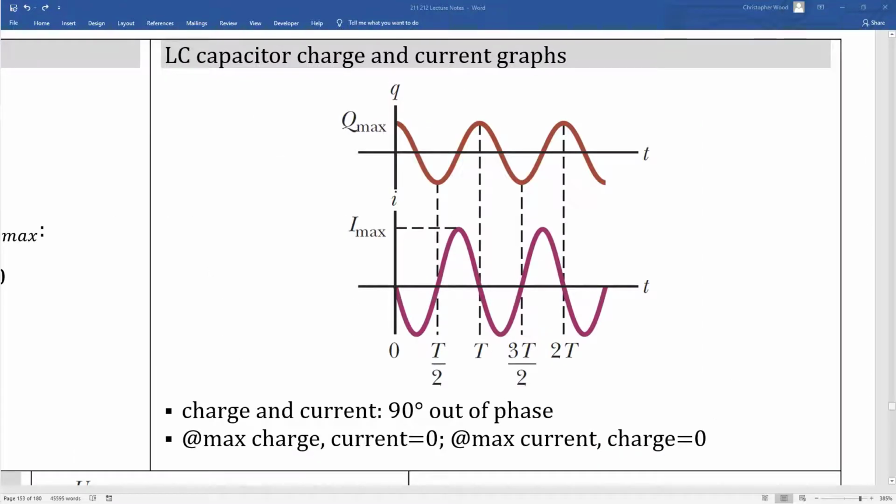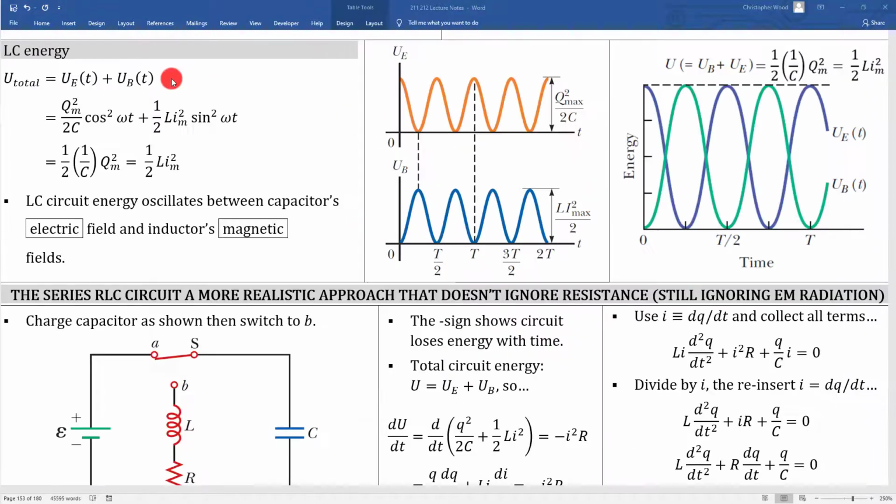Here are some very informative graphs of charge versus time and current versus time. Remember, any reference to charge is referring to the charge on the capacitor. Inductors don't store charge. Notice how the charge function and current function are out of phase by 90 degrees. In an LC circuit, we have a sinusoidally varying charge function and current function, and thus also sinusoidally varying electrostatic potential energy and magnetic field potential energy functions.